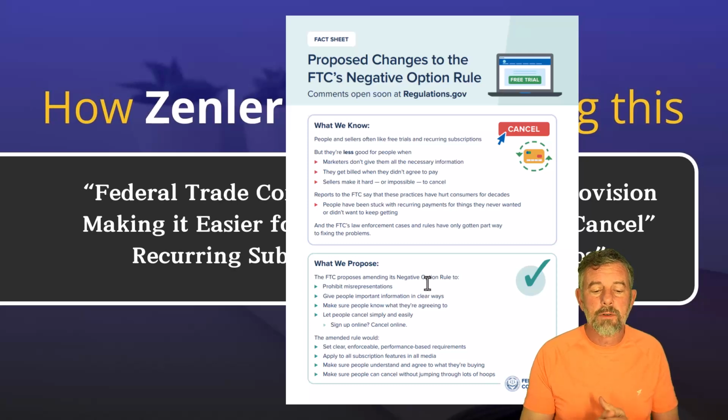So the amended rule will set clear, enforceable performance-based requirements. They apply to all subscription features in all media. Make sure people understand and agree to what they're buying. Okay, make sure people can cancel without jumping through lots of hoops. Okay, and that's the main one.